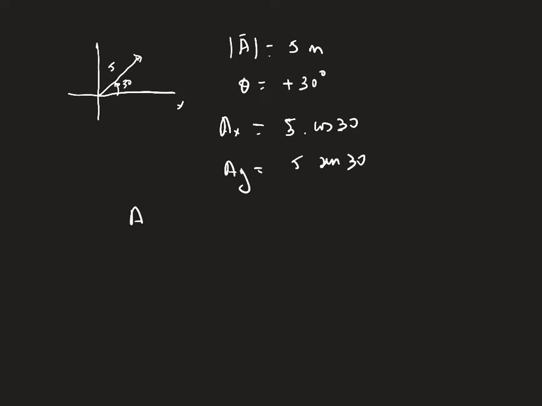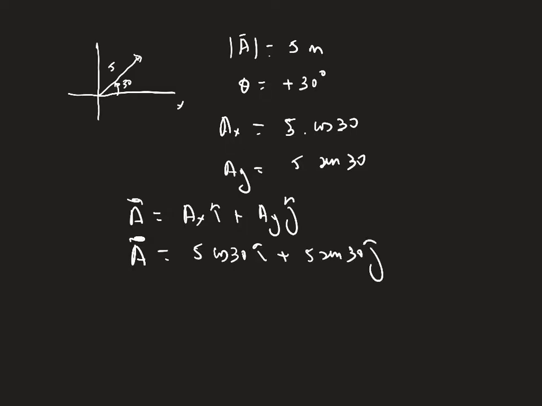What is the vector A? The vector A is AX I plus AY J, meaning that the vector A is simply 5 cosine of 30 in the I direction plus 5 sine of 30 in the J direction.